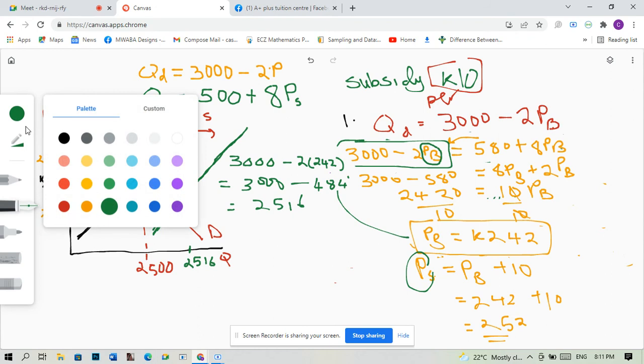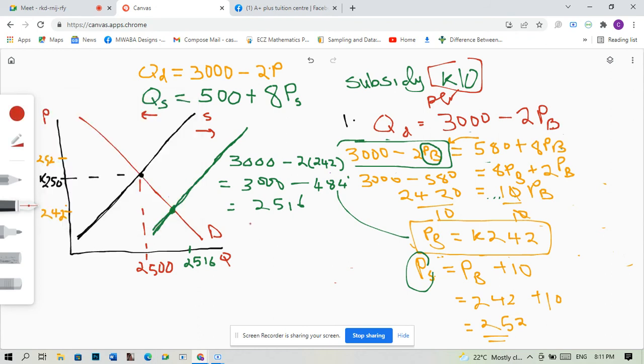The subsidy is represented by the vertical distance between both supply curves, right? So we'll go from here, we're going to go 10 units upwards, okay? So our 252 is supposed to be located here. This is where our 252 is supposed to be.